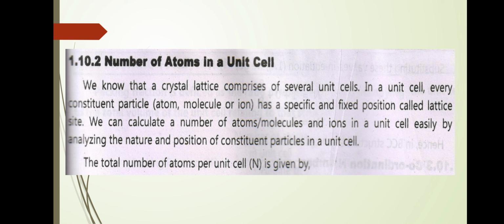In a unit cell, every constituent particle has a specific and fixed position called a lattice site. We can easily calculate the number of atoms, molecules and ions in a unit cell by analyzing the nature and position of constituent particles in a unit cell.